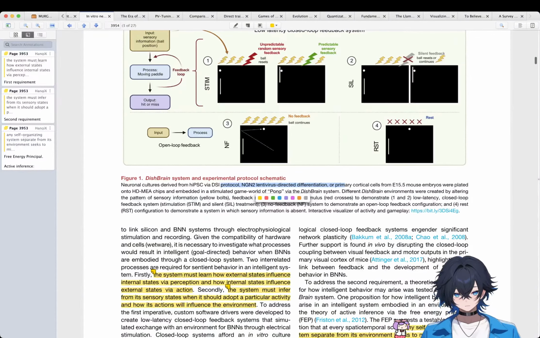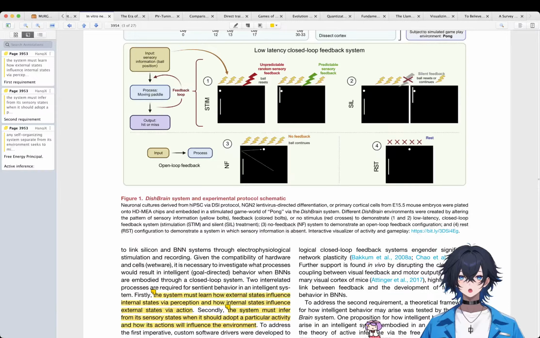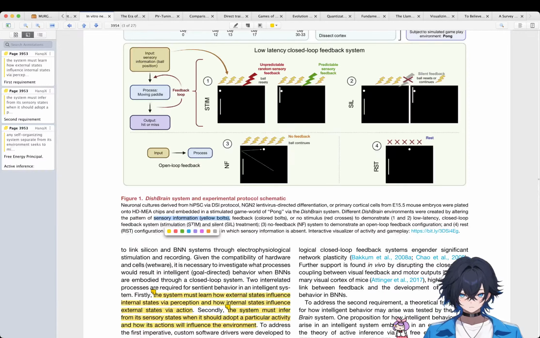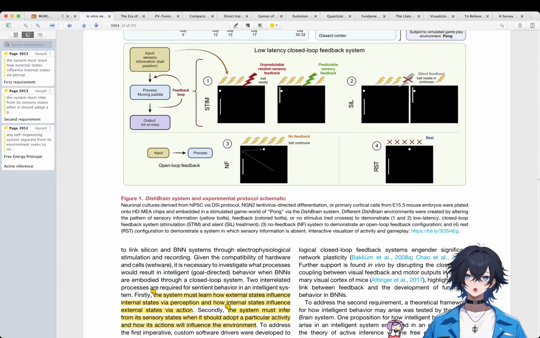Let's see what the description is. Different dish brain environments are created by altering the pattern of sensory information. Okay. Oh, I see. Sensory information is what you get when you're not in a reward state, or where you're not in one of the two states where you've successfully caught the ball or missed the ball.